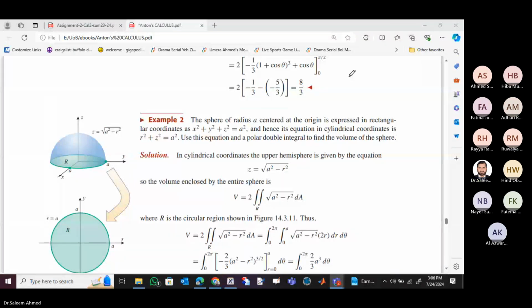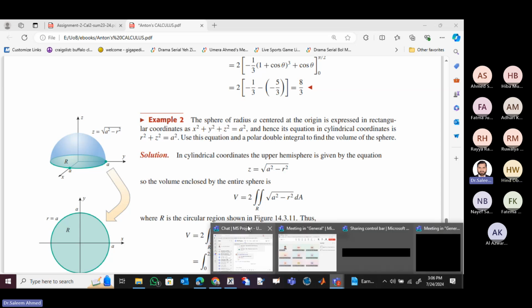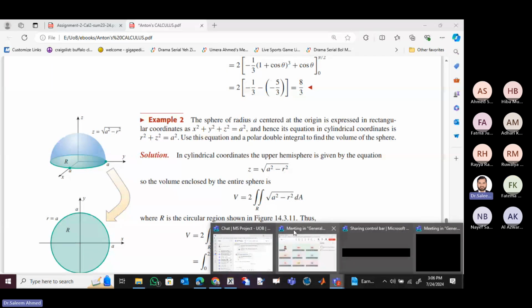Now, can you see it now? Can you see it now? Wait, I will try to leave and rejoin. Okay, maybe do that. Other students, can you see the screen?